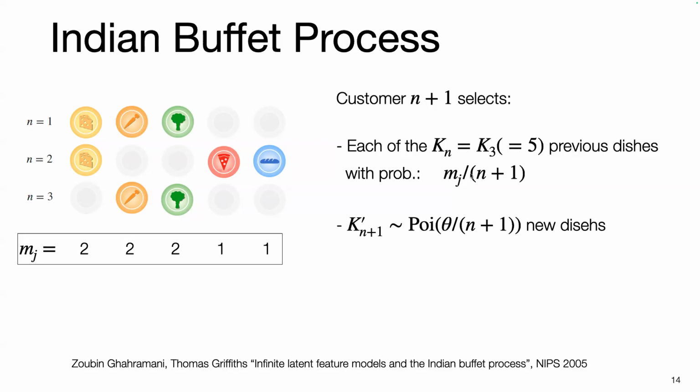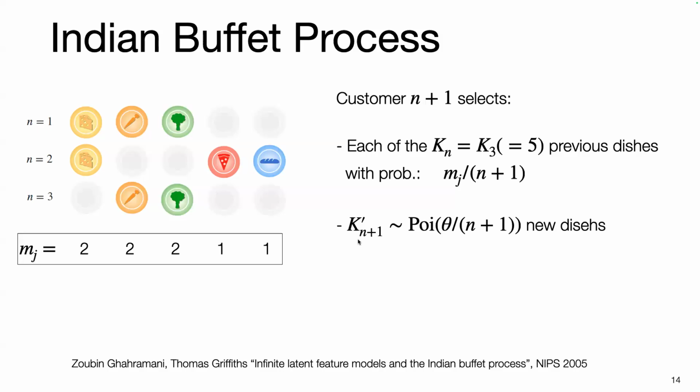That is, how many times dish j was previously chosen. And after reaching the last station of the buffet, they draw another Poisson random variable, k prime n plus 1, which is again Poisson distributed with a parameter that is theta rescaled by n plus 1, and select that many new dishes.